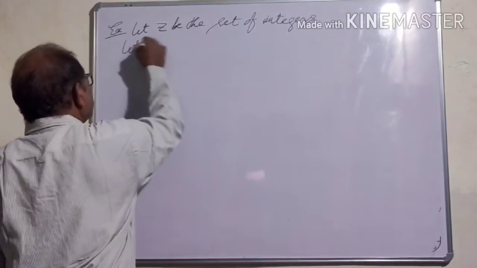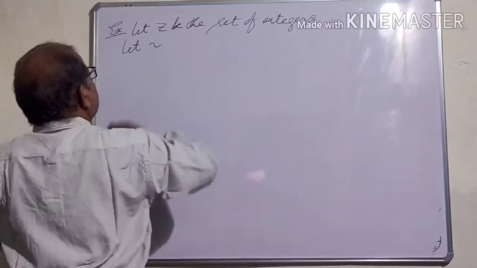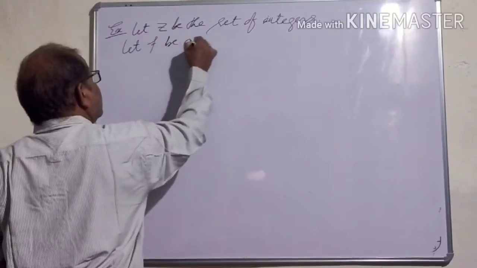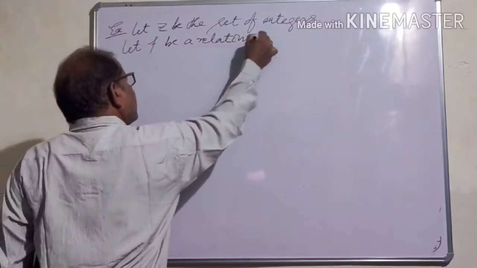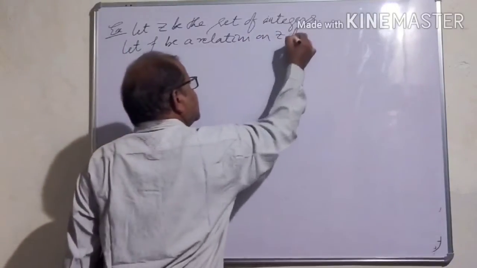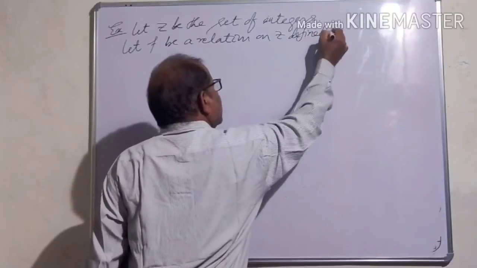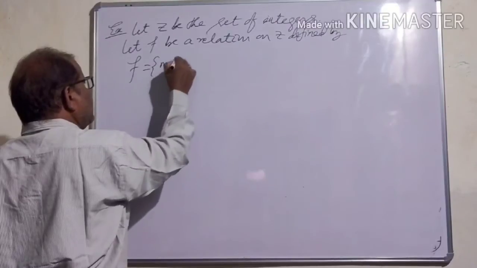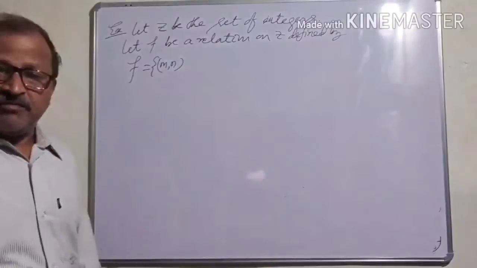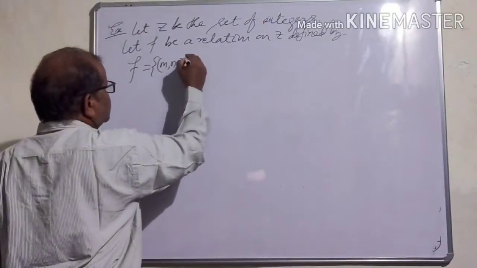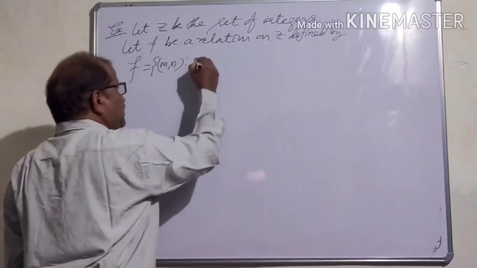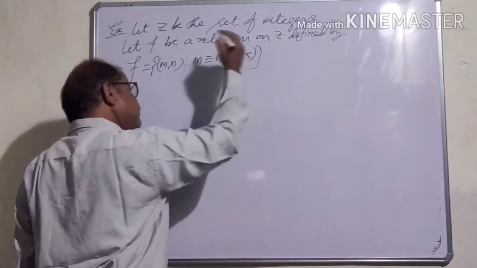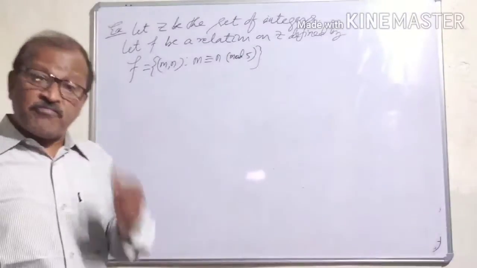Let F be a relation on Z defined by F equals (m, n) such that m, n belong to Z and m is congruent to n mod 5.